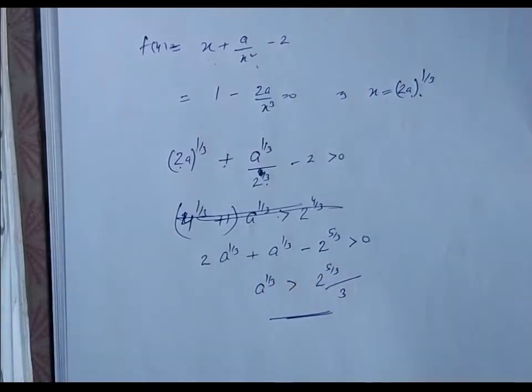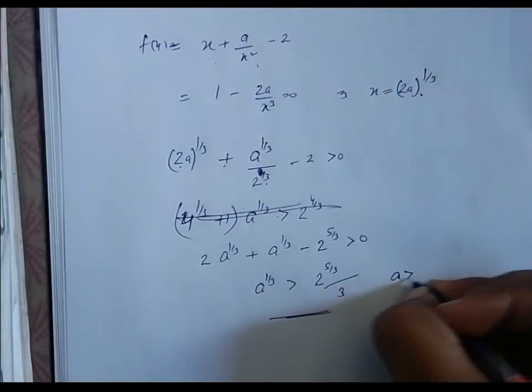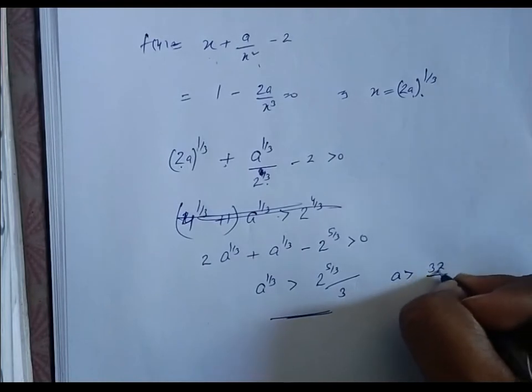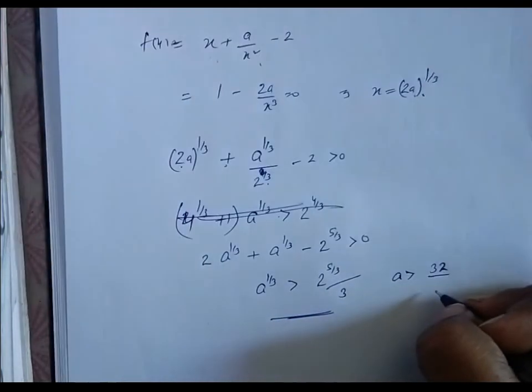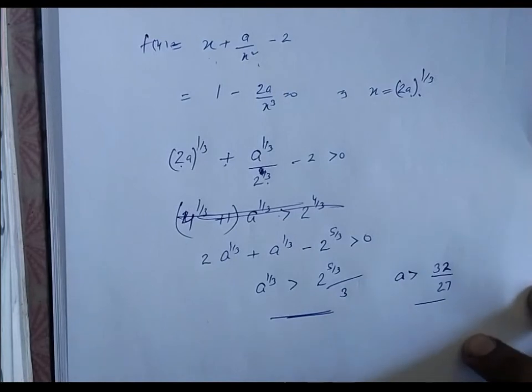Okay, you can cube this, so a is greater than 32 by 27. Okay, so least natural number will be equal to 2.